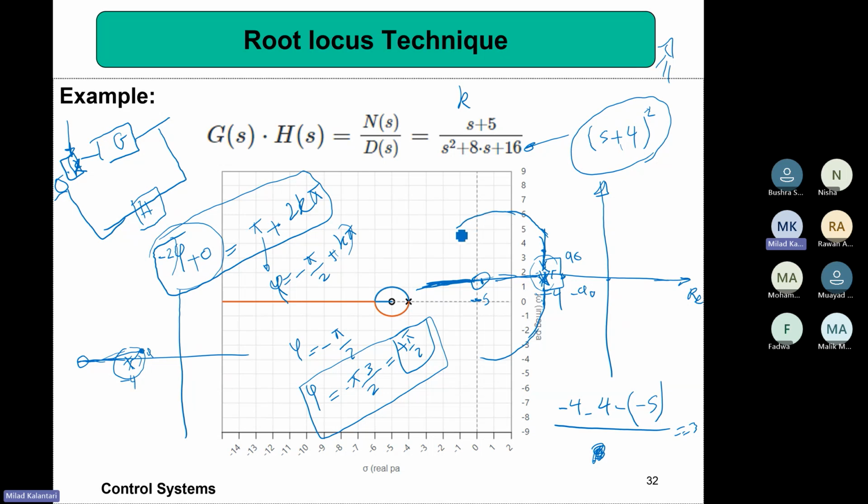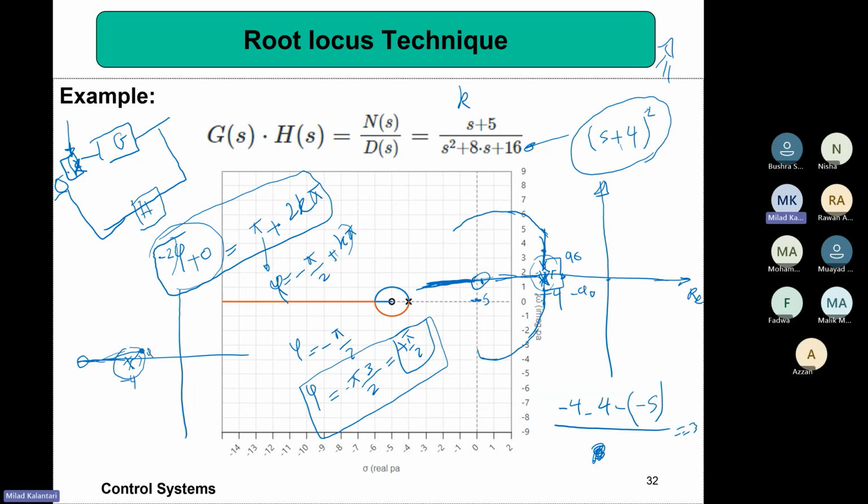So they should go back somewhere to this zero. In more general cases like this, it comes to collide somewhere here, and then splits to the zero and then to the asymptote. Right, this is one general case that can happen.